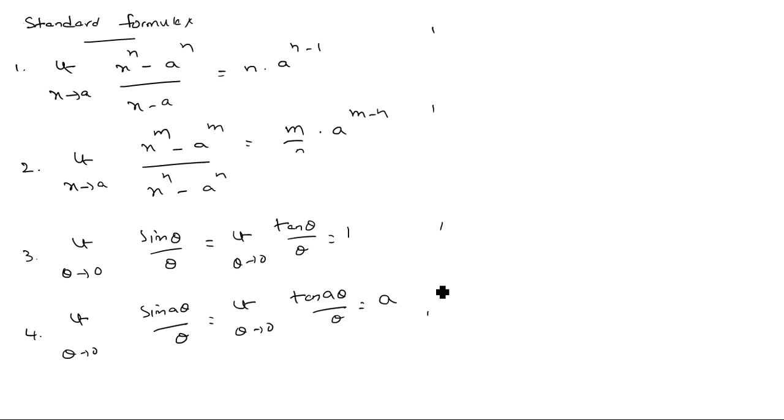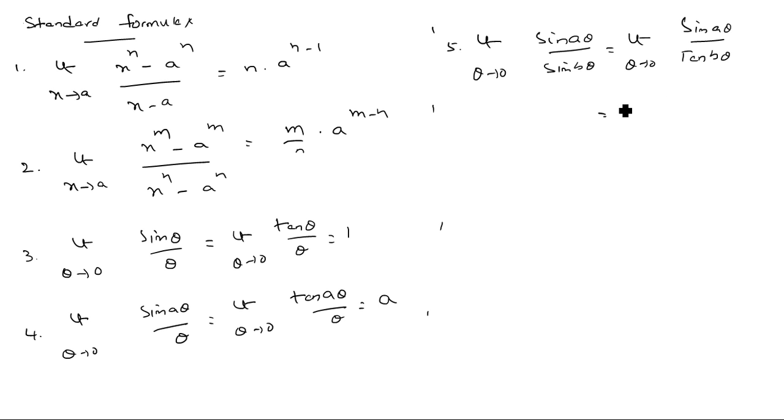And next, limit theta tends to 0, sin a theta by sin b theta, or limit theta tends to 0, sin a theta by tan b theta, or limit theta tends to 0, tan a theta by tan b theta, or limit theta tends to 0, tan a theta by sin b theta.